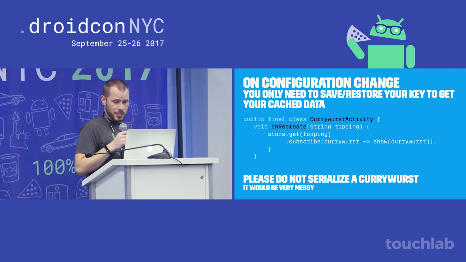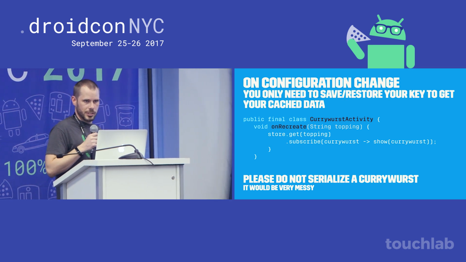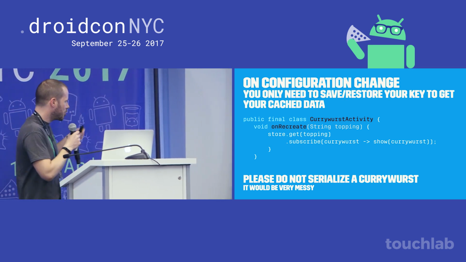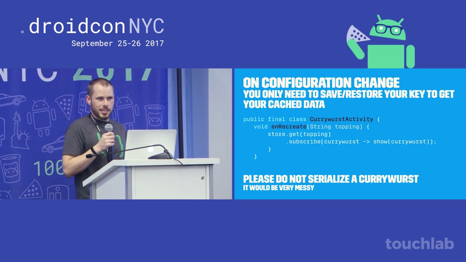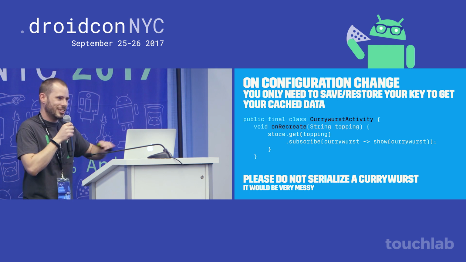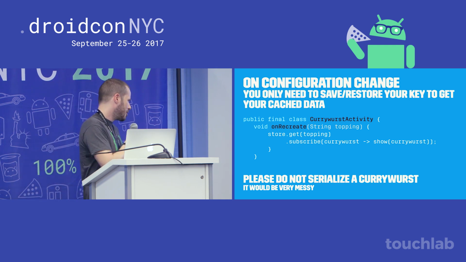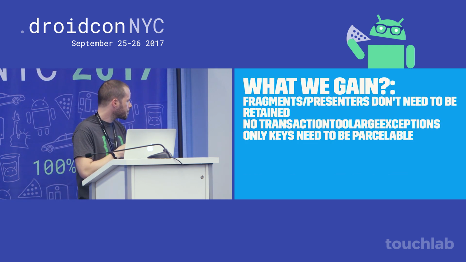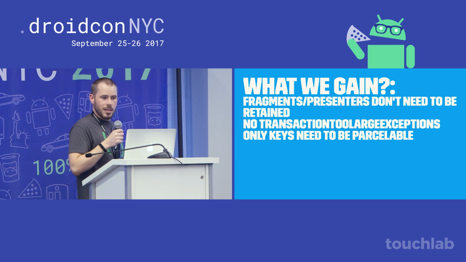And on configuration changes, all you really have to do is serialize the key. The key in the previous example was ketchup. You serialize that, and after the rotation is done, you pull the key out and fetch the data. You don't have to serialize currywurst or your data sets or anything crazy like that. What do we gain from that? Fragments and presenters don't need to be retained.